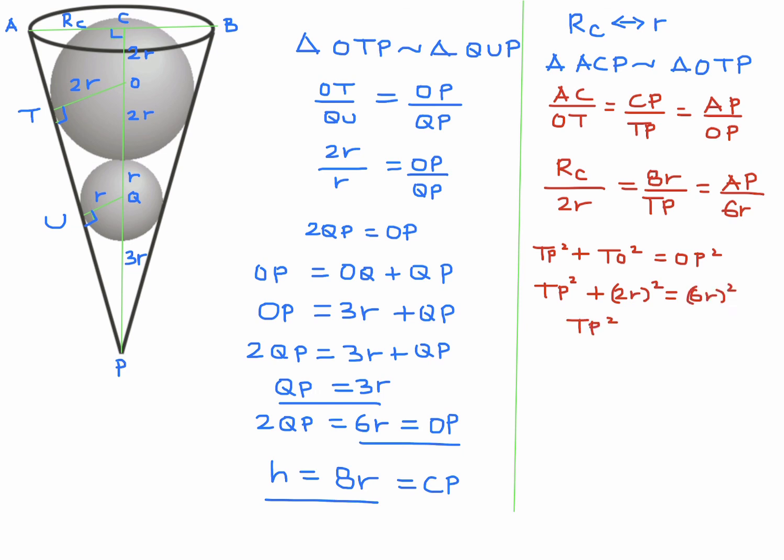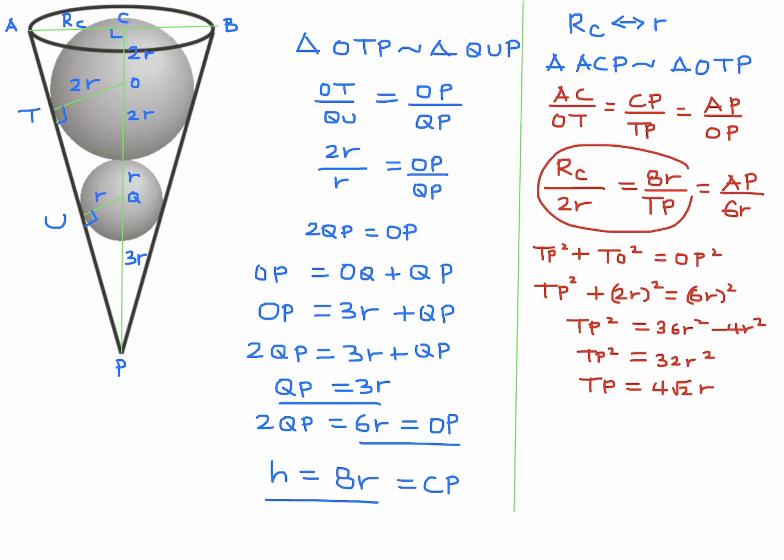So that means TP squared is 36R squared minus 4R squared. So that's 32R squared is TP squared. So TP is going to be root 32. So what's that, 4 root 2? 4 root 2R. Okay, great. So now we can go back and use that relationship. So RC over 2R is equal to 8R over TP, which is 4 root 2R.